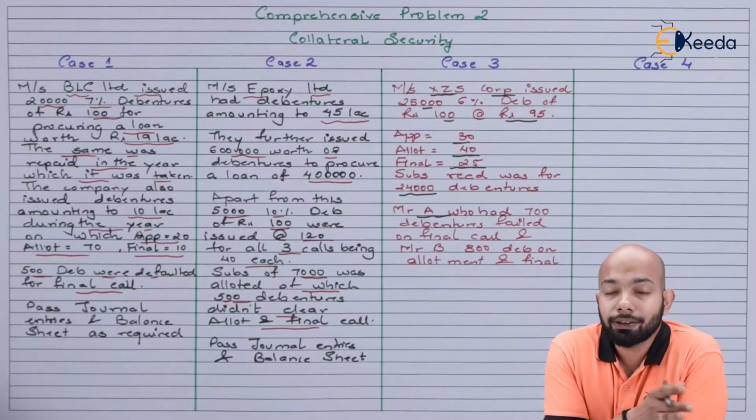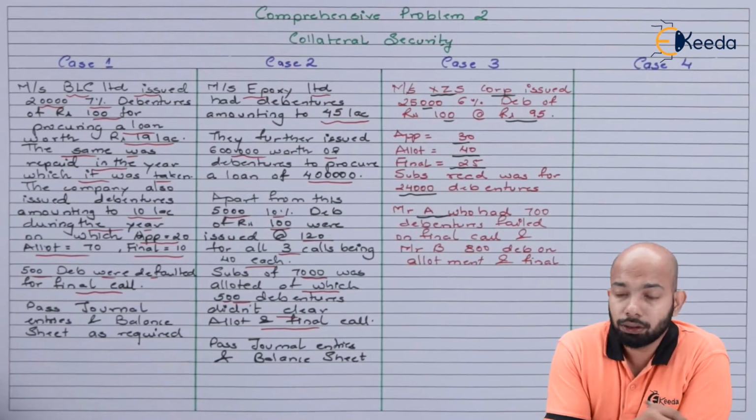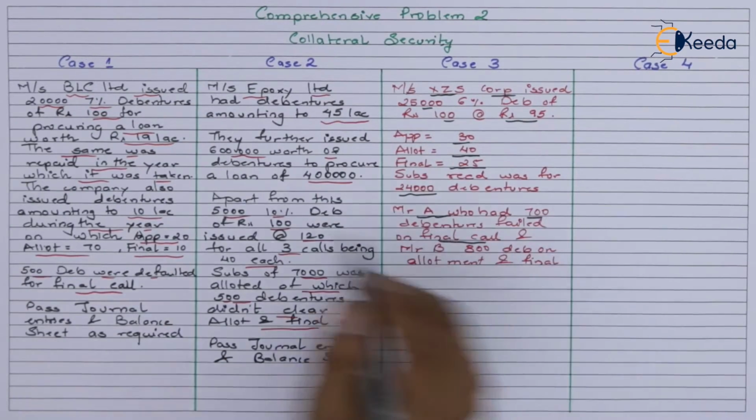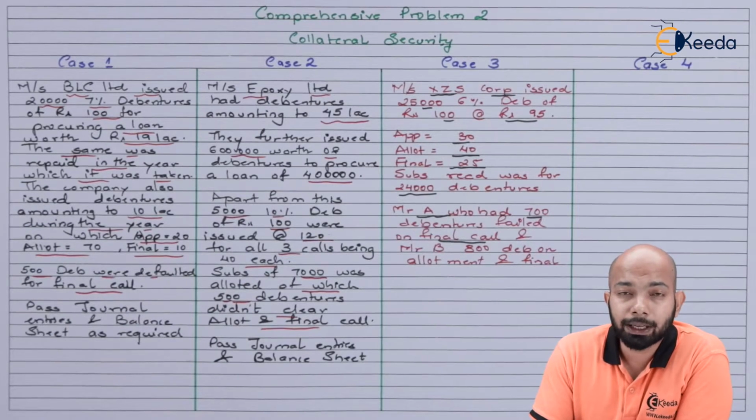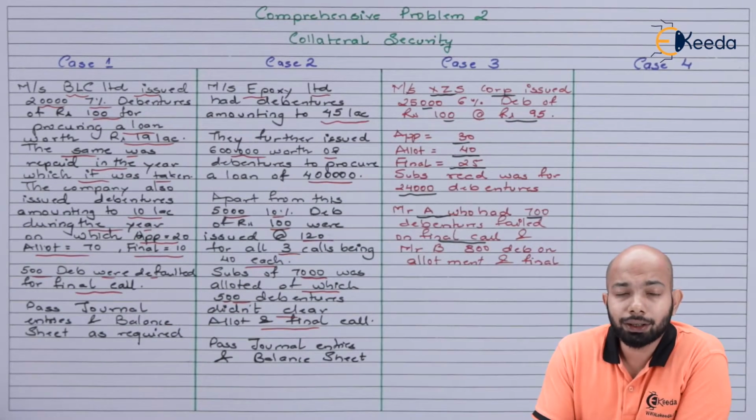Mr. A, who had 700 debentures, failed on final call. And Mr. B, who had 800 debentures, failed on allotment and final call. This is the information that has been provided as of now.